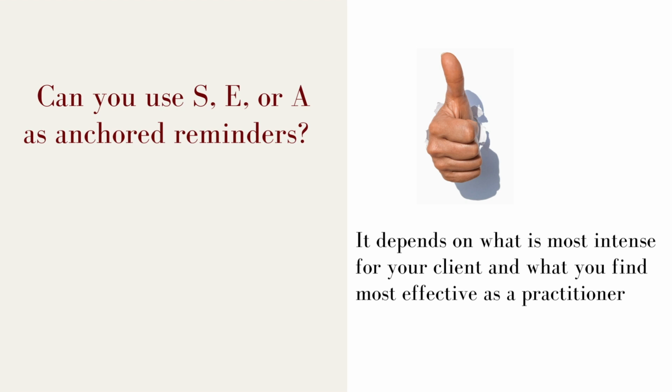So my theory is, why not tap on the root, meaning the aspect, rather than a branch, the somatic or the emotion associated? But you, as a practitioner, have the choice to use S, E, or A, or all three, depending on what is most intense for your client and what you find to be most effective as a practitioner.